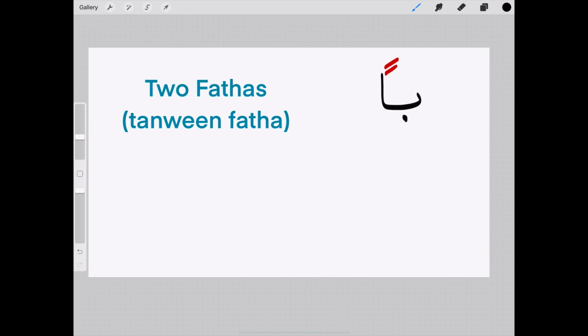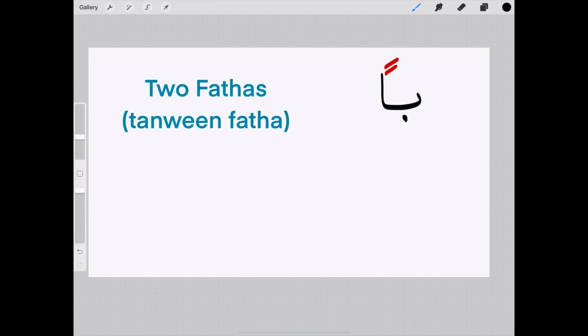In this session, we'll cover 3 patterns of what is called tanween, which is duplication of any of the short vowels we covered before. So the previously covered short vowels are the fatha, ba, or dhamma, bu, or kasra, as in bi.